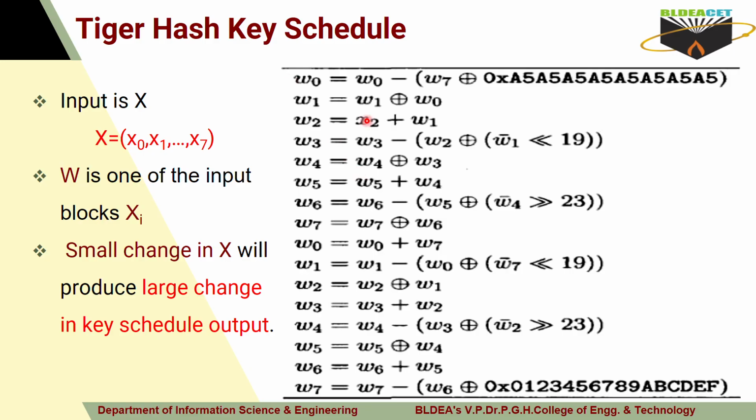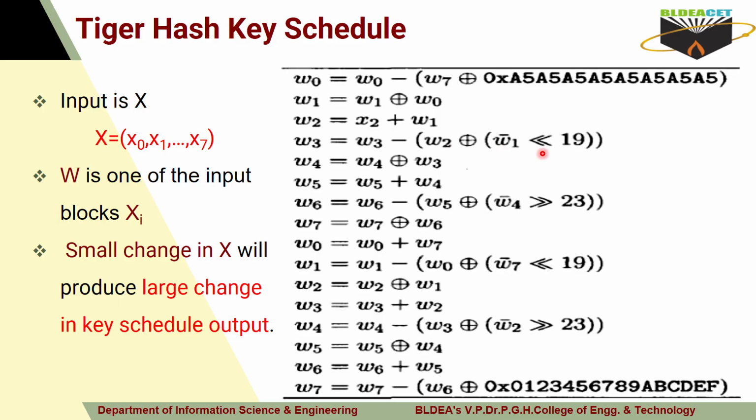For W1, you perform XOR with W0 here. For W2, it is X2, that is the block value, plus W1 here. Next, for W3, W2 XOR with W1, complement it. Complement means reverse here. If you have a 1 in W1, you take it as 0 here.